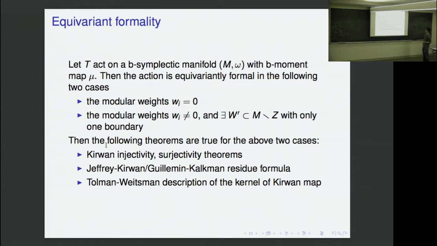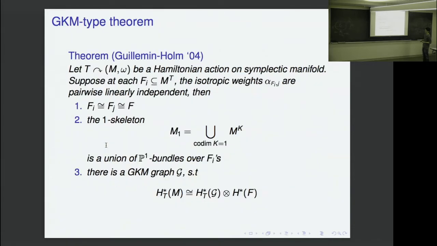And the thing that I'm particularly interested in is the GKM-type theorems. This theorem, proved by Guillemin-Sternberg in 2004 regarding Hamiltonian actions on symplectic manifolds, tells us that suppose we have a generalized definition of the GKM condition. In the original GKM condition, they assume the fixed point sets to be isolated.